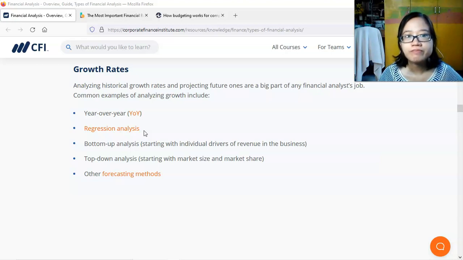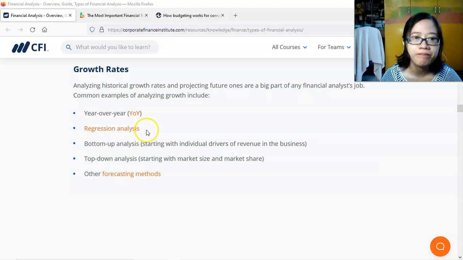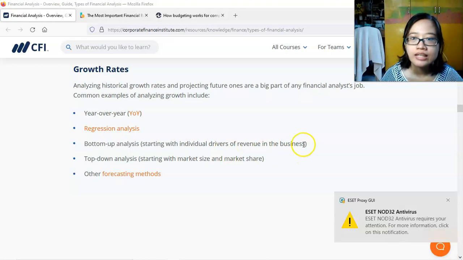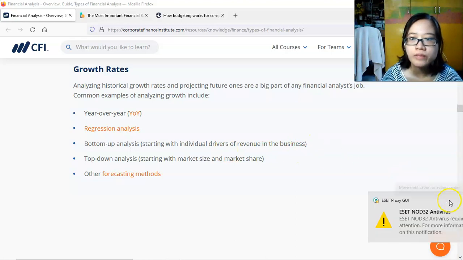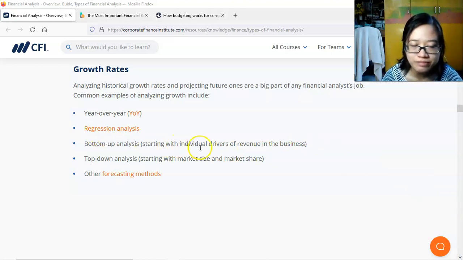Okay. So, ayan. Pwede mo siyang tingnan din using the horizontal analysis. Ayan. And then bottom-up analysis starting with individual drivers of revenue in the business. So, ito, syempre, titingnan mo yung individual items and since revenue yung pinag-uusapan dito, the income statement.